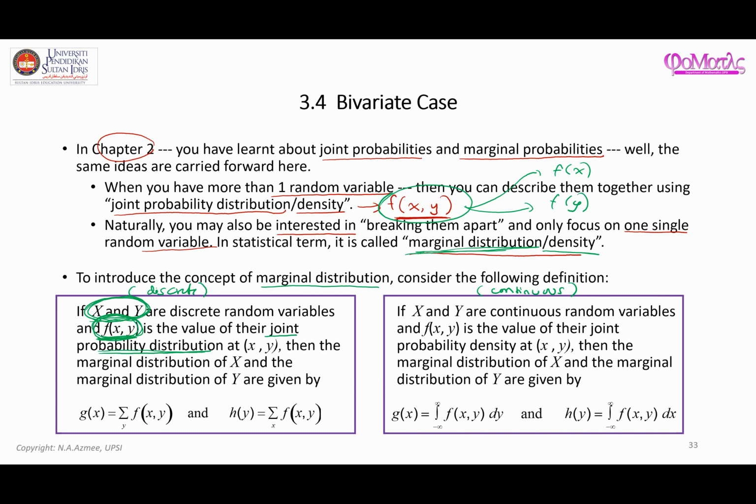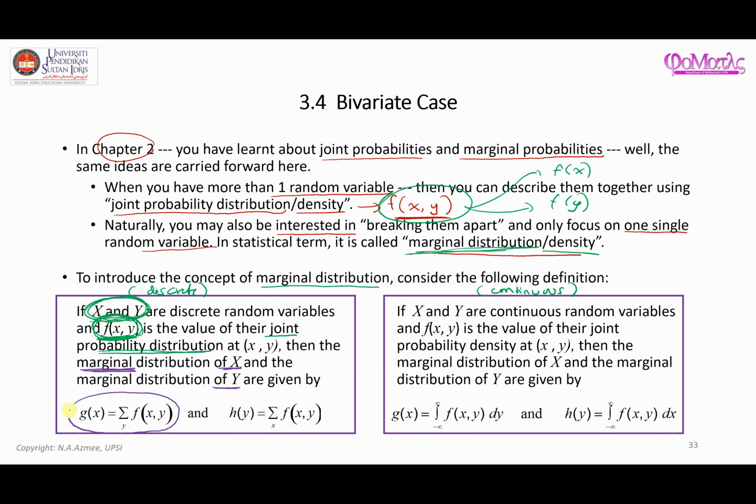Therefore, if you are interested to find the marginal distribution of x, or the marginal distribution of y, those marginal distributions can be found using this formula given here.